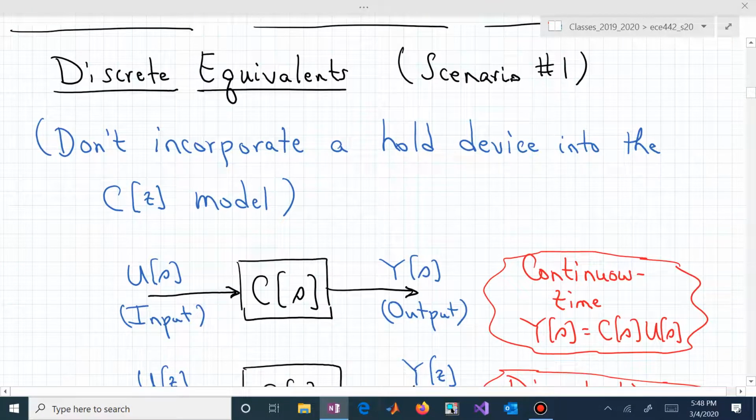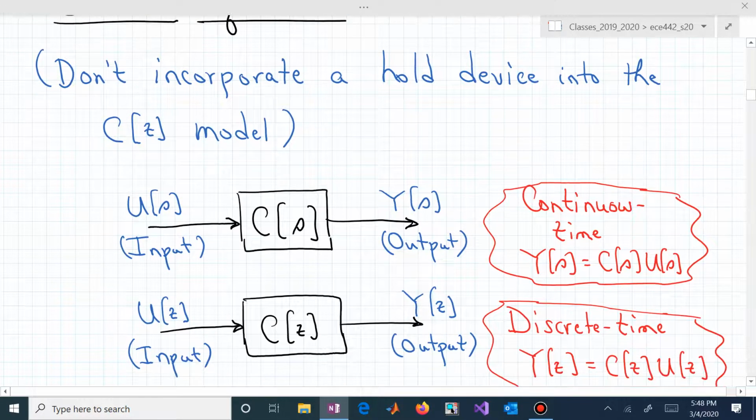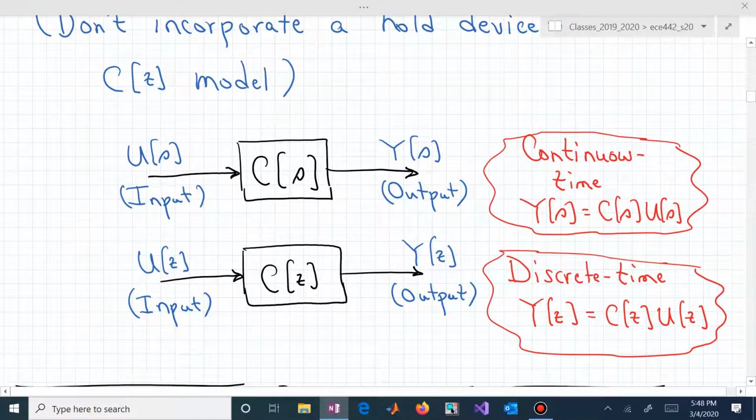So here it's stated just a different way. Discrete equivalent scenario number 1, and don't incorporate a hold device. We're now just saying the top block diagram, I want it to be similar to the bottom block diagram when I transition from a continuous time setting to a discrete time setting. I hand you a C of s, you hand me back a C of z.